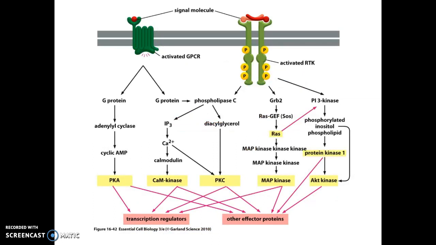I know I showed this slide before, but it bears repeating that there's a lot of crosstalk between different pathways. For instance, both receptor tyrosine kinases and G protein coupled receptors can activate phospholipase C, or maybe calcium activates protein kinase C as well as CAM kinase, or maybe the downstream target of MAP kinase from the RAS pathway has the same target gene as PKA.